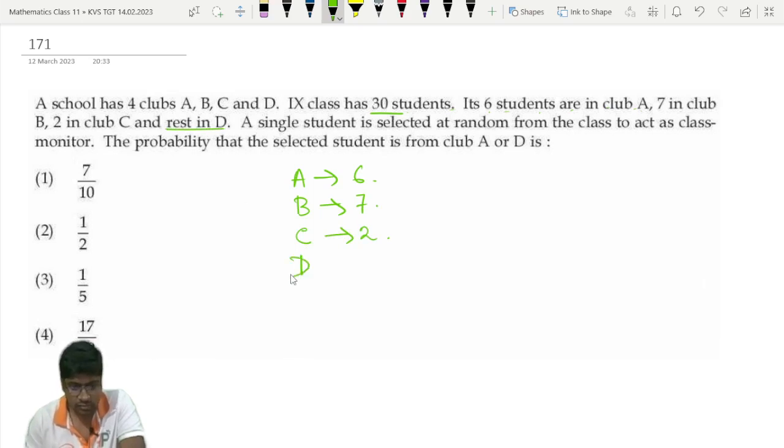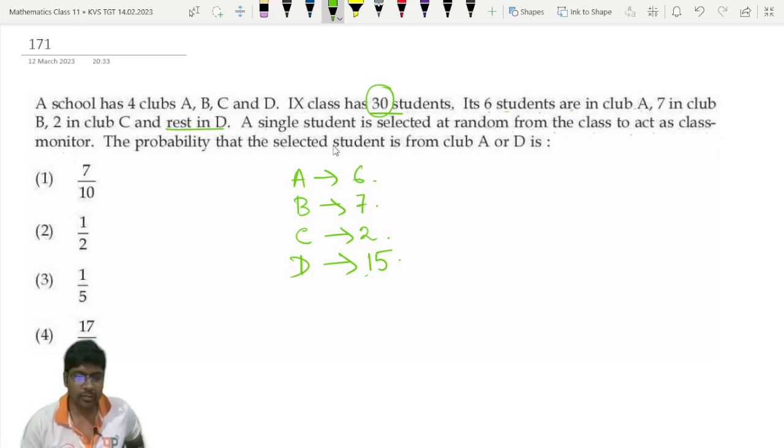So club D will contain how many students? 6 plus 7 is 13, plus 2 is 15, so 15 students are in club D, because the total number of students is 30. Now a single student is selected at random from the class to act as class monitor.